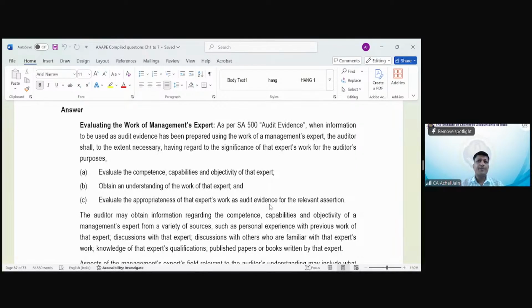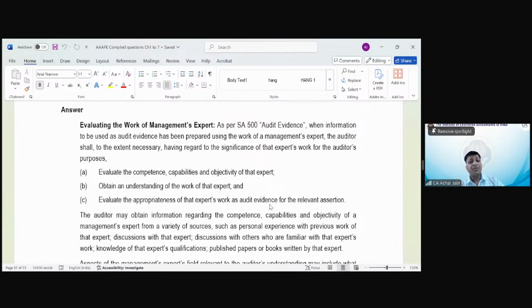As an auditor, whenever any expert of the management is involved, what do you need to do? First of all, you need to find out whether that expert is competent or not. That's going to be your first step. Does he have the skill set?